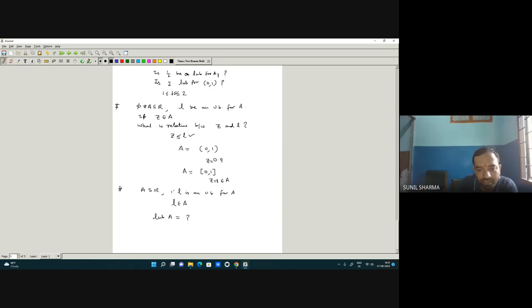First condition is L is an upper bound. Second condition, L belongs to A. What is the least upper bound for set A?